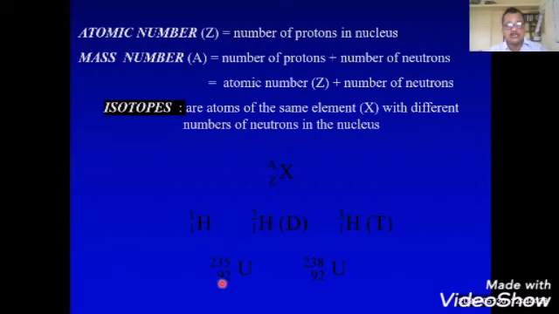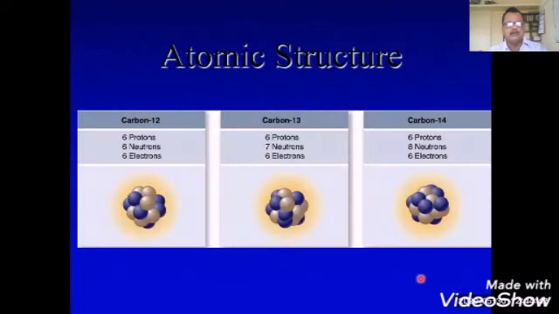The number of electrons is also 92, but the mass number will be higher than 92. So it is 235. Because 92 into 2 should be 184. So here the mass number is 235. That means you have 51 extra neutrons. Here also there will be more neutrons. So these are the isotopes of uranium.